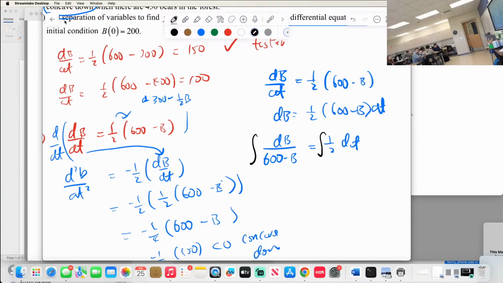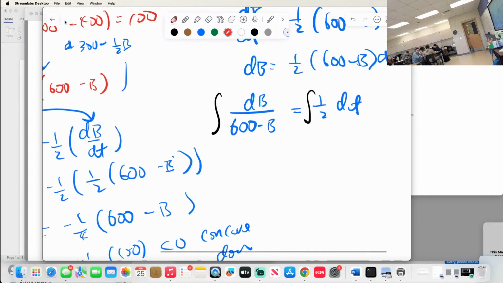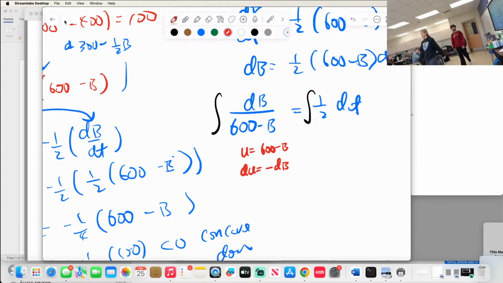Okay, so I'm gonna integrate this. Now, one thing that I will say a lot of people tend to do is they do 600 minus B and they just automatically say it's natural log of 600 minus B. But the problem is you need to do du. du is equal to negative dB, and this is u, equal to 1/2 dt.